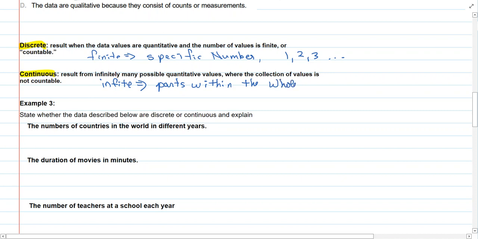So we're talking about cases like weight. Weight is continuous because there's parts of a pound, or height, parts of feet, inches, and so on. We can get very specific as to what we're measuring in this case.